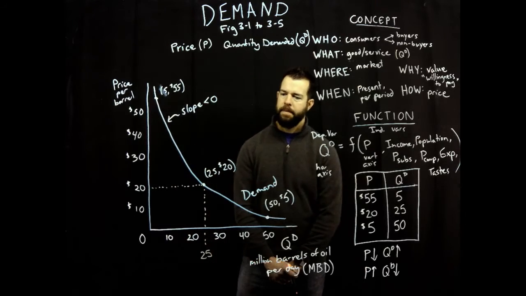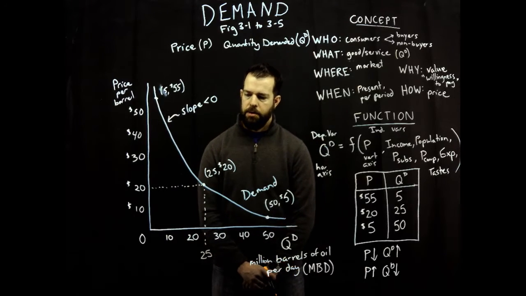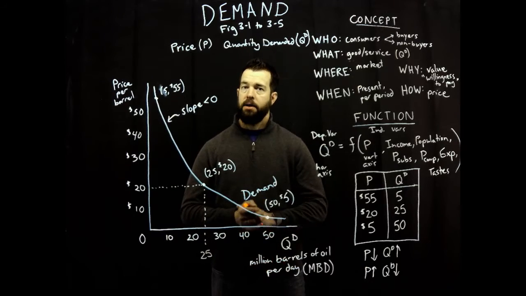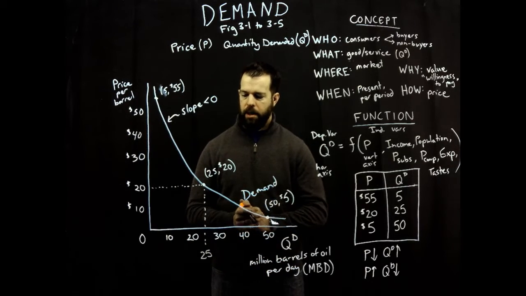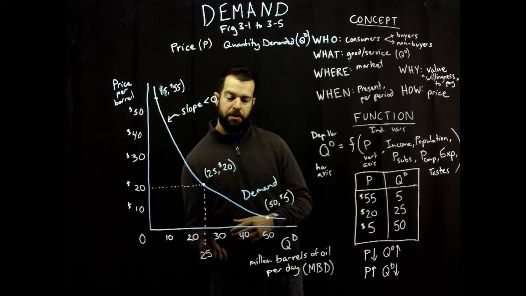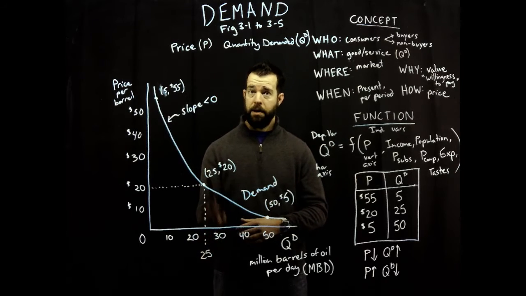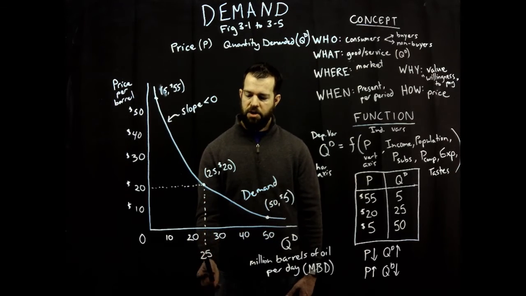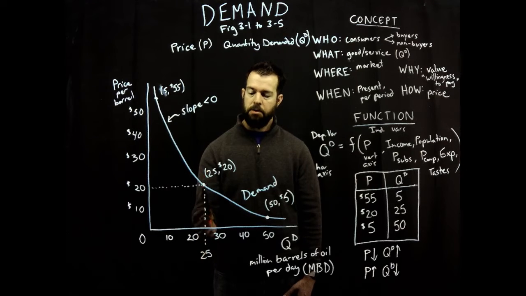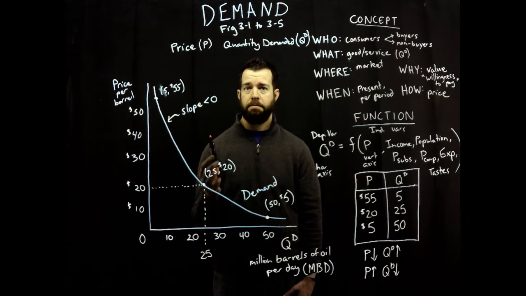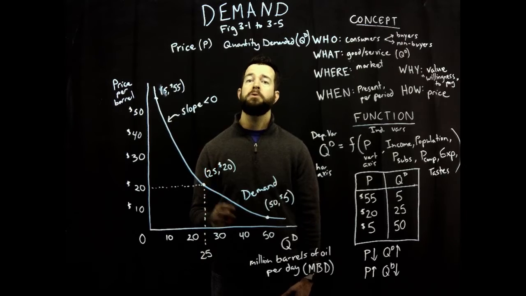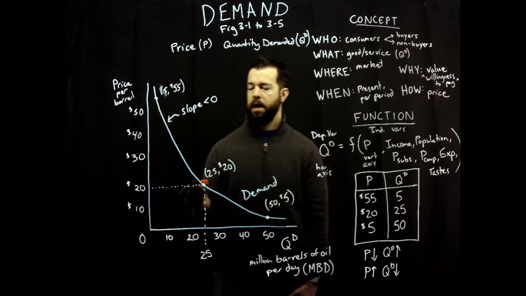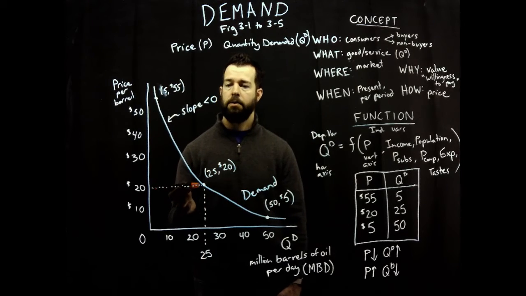Okay. All right, so I can also read vertically. I could say I'll start on the horizontal axis and I'll go up vertically until I hit the demand curve, and I say if 25 million barrels of oil per day is produced, the most that consumers are willing and able to pay is $20 per barrel.